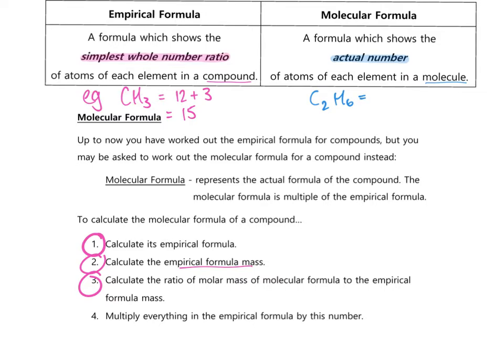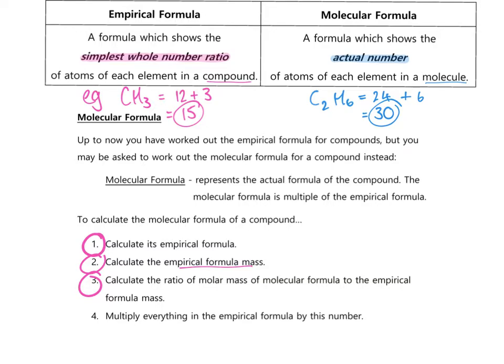This time we have 2 carbon atoms, so that's going to be 12 times 2, which is 24. And we have 6 hydrogen atoms, which is a total mass of 6. 24 plus 6 is equal to 30. So you can see that our empirical formula has a mass of half that of the molecular formula.